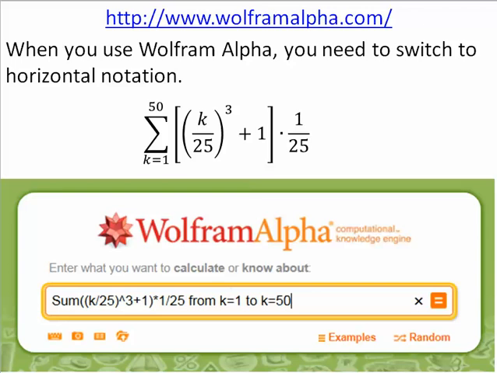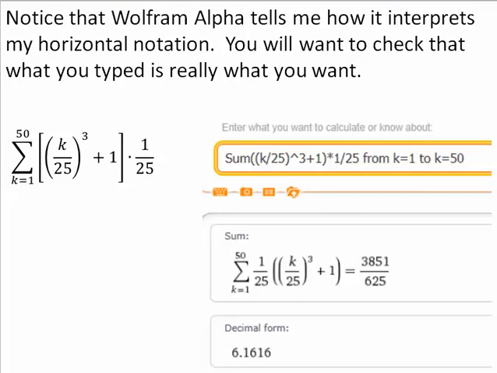If you use Wolfram Alpha, you need to switch to horizontal notation. And one thing I really like about Wolfram Alpha is that it tells me how it interprets what I type in. And so I just check that what I typed in is what I mean to type in.